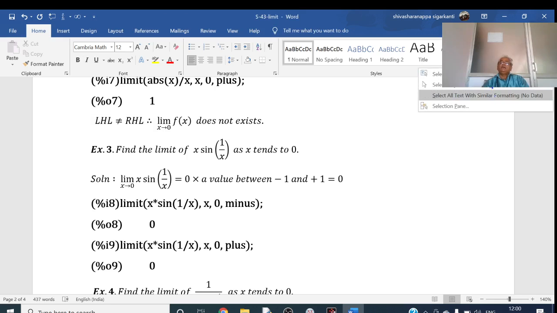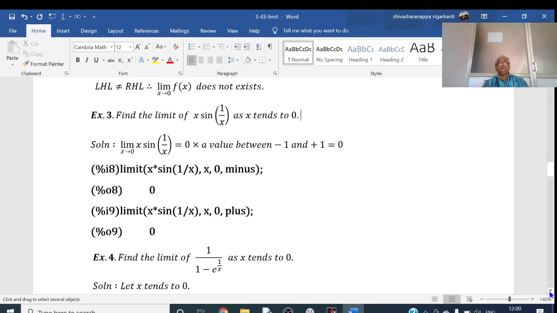Here, for the left hand limit, x times sine of 1 by x as x tends to 0 minus, and for the right hand limit, x times sine of 1 by x as x tends to 0 plus. Directly we can also find out the limit.